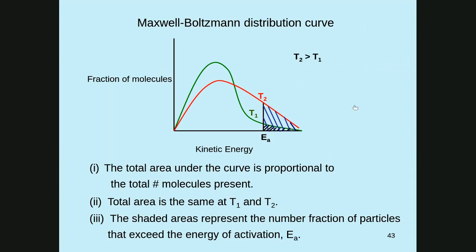Now, to make this a bit more quantitative, we can consider the distribution of kinetic energy amongst molecules at a given temperature. Of course, not all molecules move at the same speed and have the same kinetic energy. Some molecules move slowly, others move very fast. So you find that molecules distribute themselves according to what we call the Maxwell-Boltzmann distribution.